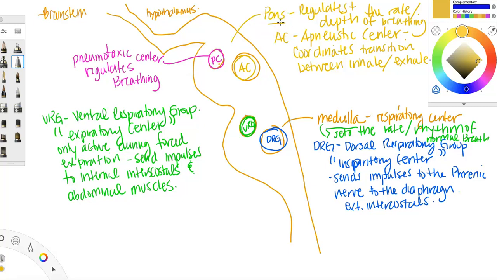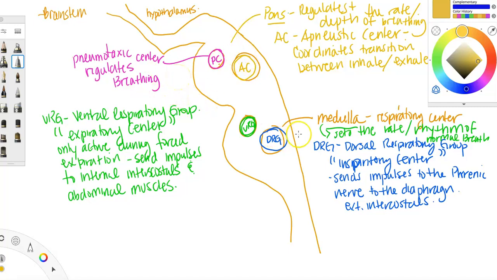Okay, so other things, this is basically what's going on nerve-wise in the brainstem as far as breathing. But there are lots of things that feed back to that cause a change in the depth of the breath or the rate of your breathing or that kind of thing. So the things that feed back are all kinds of receptors.